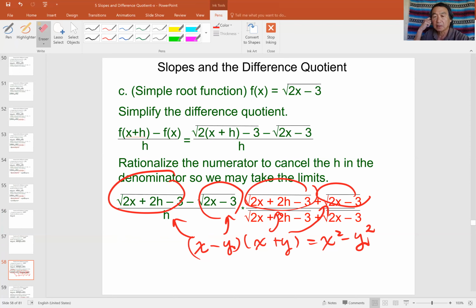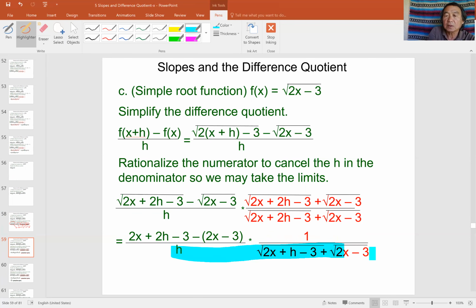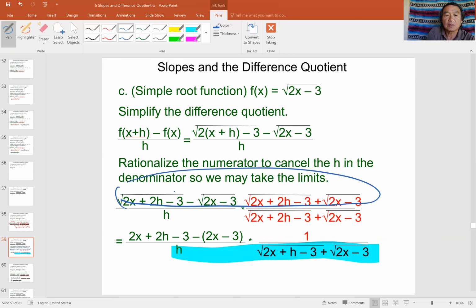And what will happen is this. Oh, by the way, again, don't do anything to the denominator. And x squared, y squared, if I square and multiply these, I will get a square root squared, which is just that, minus the other square root squared, which is just this.